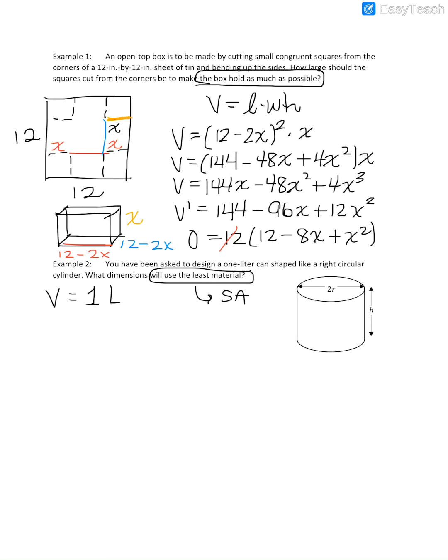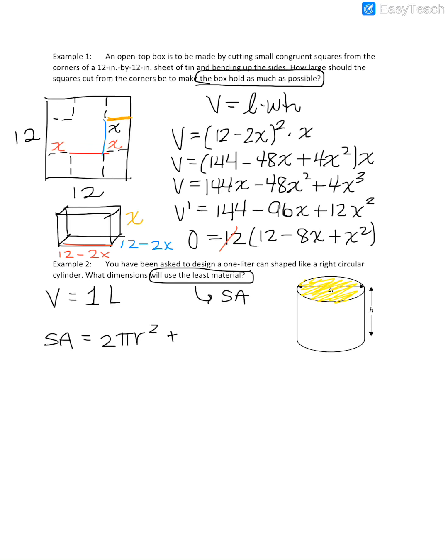Okay? All right, so let's start by writing down our equation for the surface area. We're going to have the area of the top and the area of the bottom. The area of the top is the area of that circle, so pi r squared. I want a top and a bottom, so 2 pi r squared, that's the top and the bottom, plus.